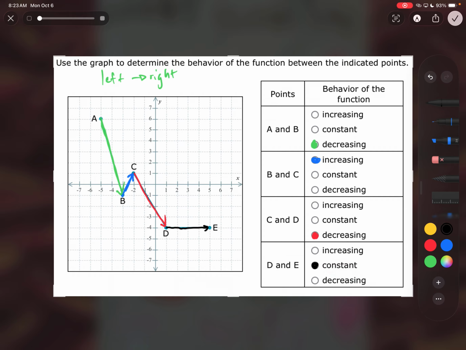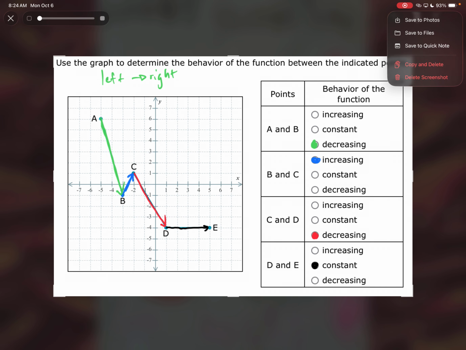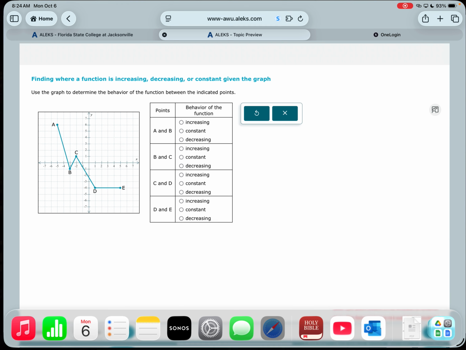Okay. So identifying those isn't bad. But every time there's a turning point, like each of those little vertices right there, I call them turning points. They use that language in pre-calculus, I think. At the turning points, it could change direction, whether it's increasing or decreasing or constant. So that one's not bad where they just give you the multiple choice.